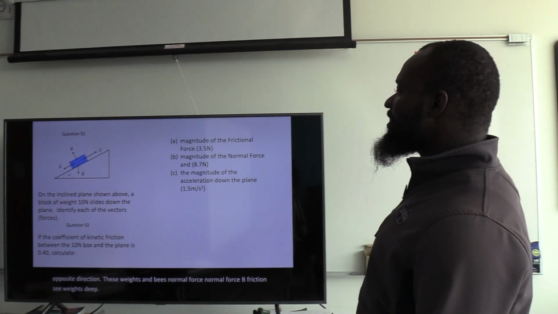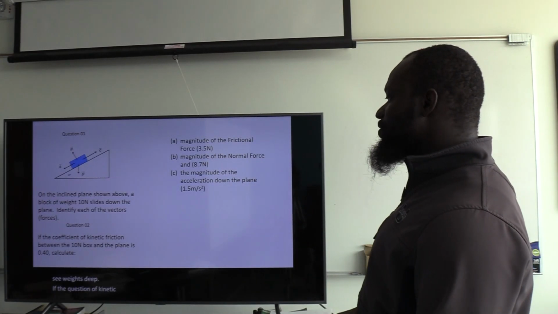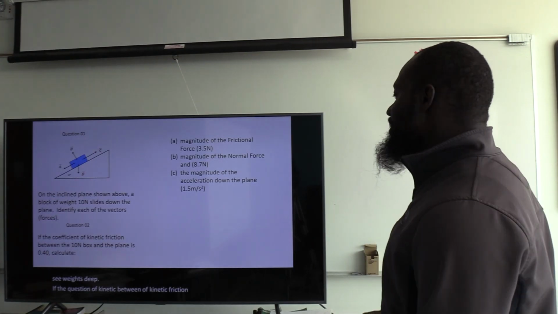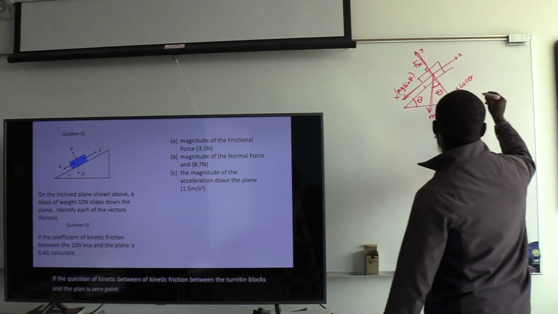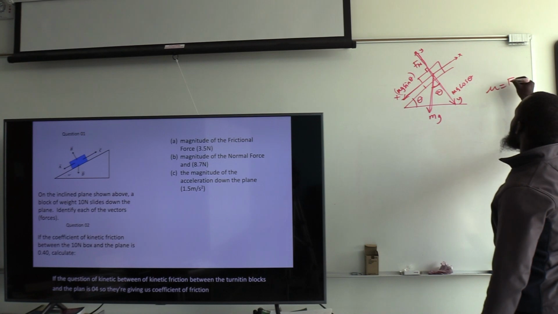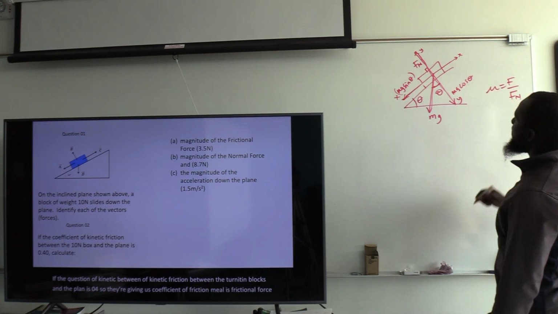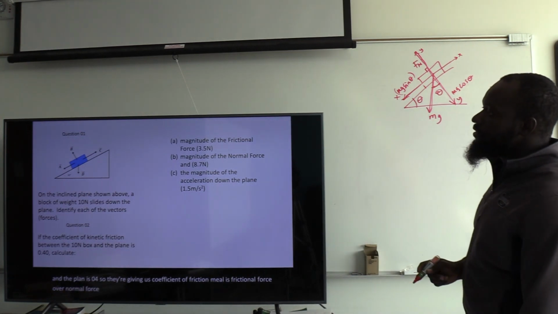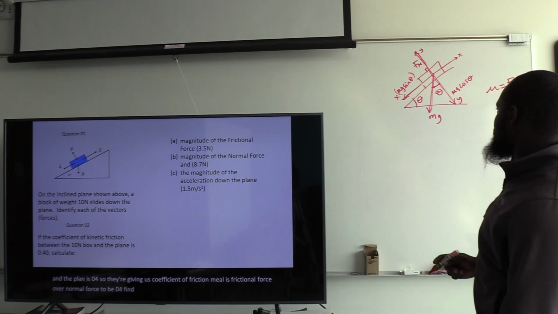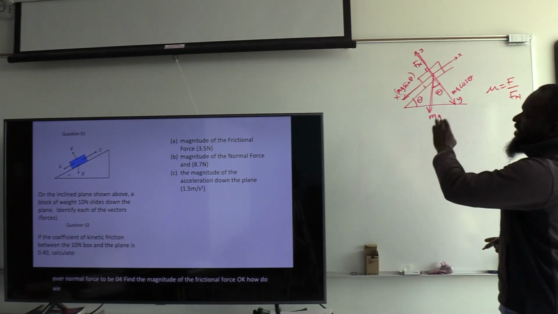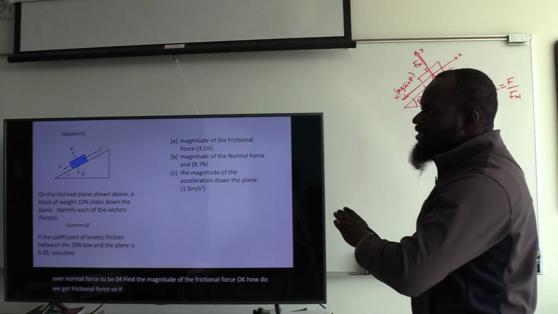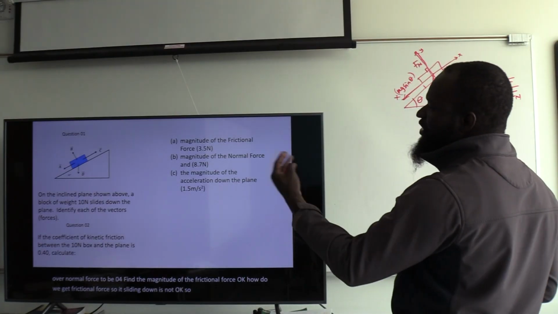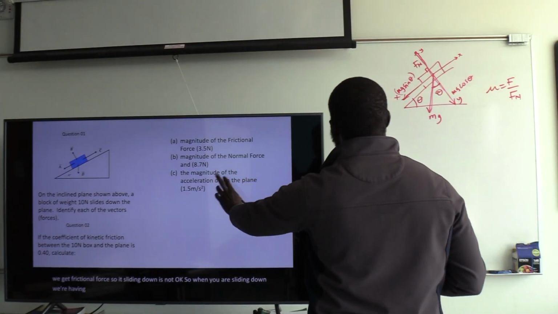If the coefficient of kinetic friction between the 10 Newton box and the plane is 0.4, so they are giving us the coefficient of friction mu, which is frictional force over normal force. So it'll be 0.4. Find the magnitude of the frictional force. Okay, how do we get frictional force? It's sliding down, so we are having some acceleration because we are asked to find acceleration.